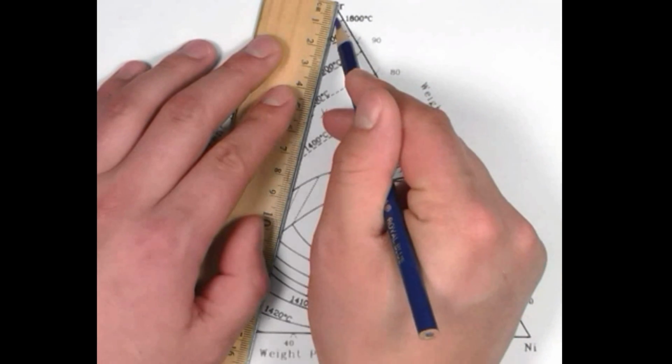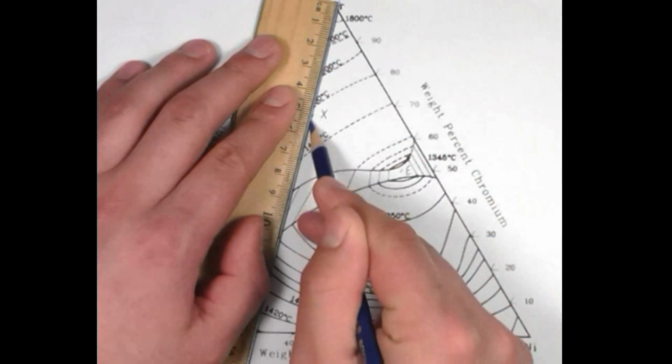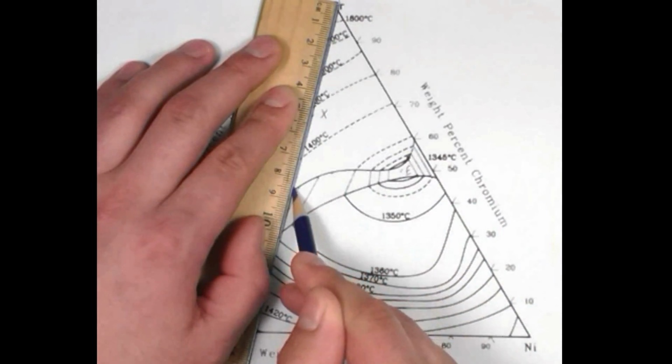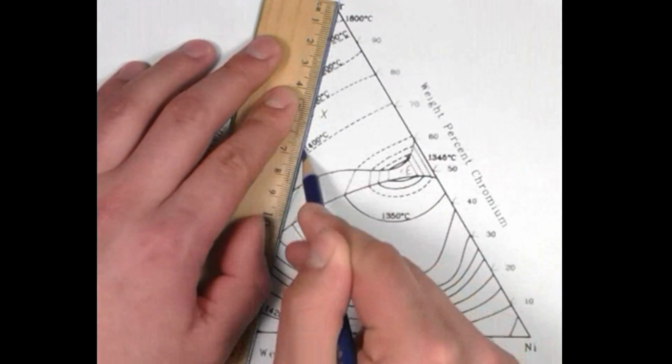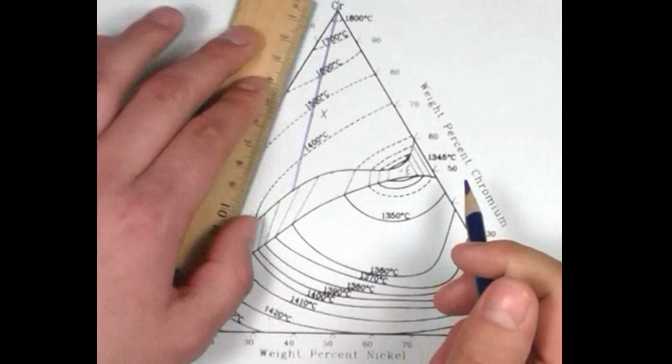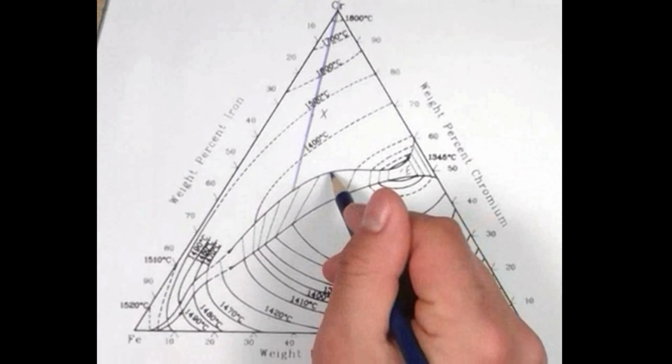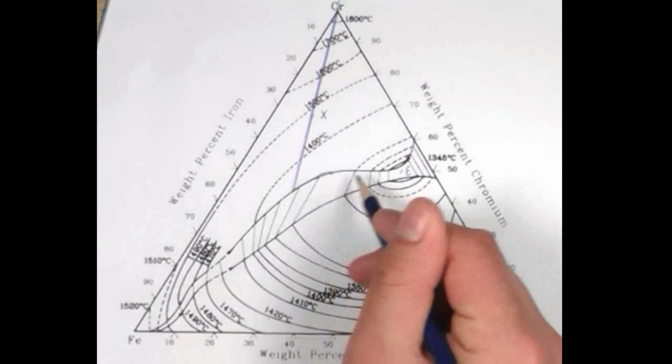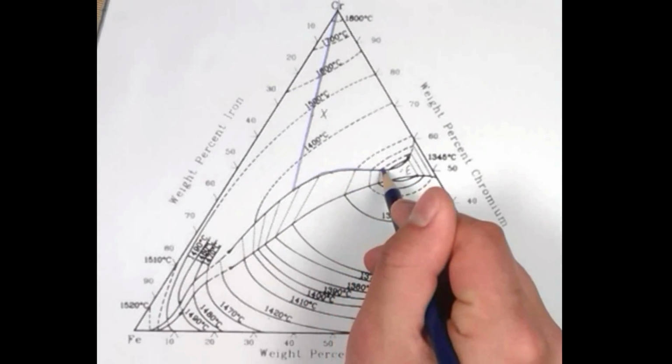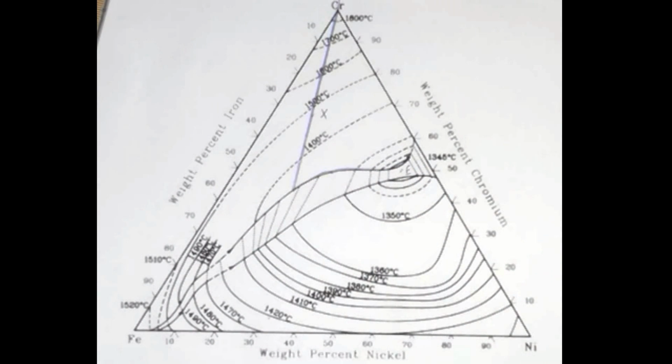So our crystallization path will look like this. And then we will follow the boundary curve until we reach the eutectic.